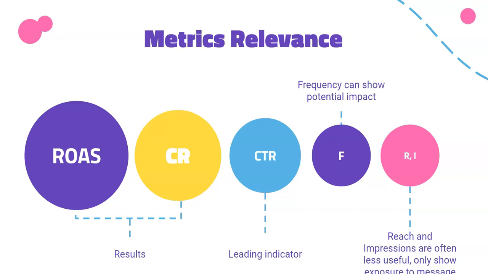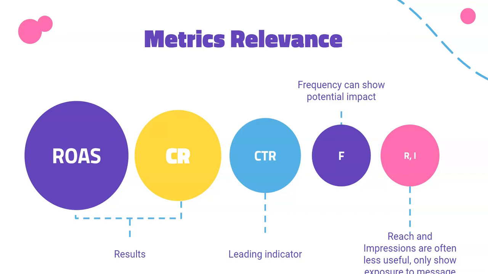Your click-through rate is a leading indicator that you're going to start getting conversions, hopefully, if your landing page is effective and you're targeting the right audience who is at a stage where they're ready to buy. It's a good indicator that you're at least getting some kind of response to your ad, but it's not really a result in and of itself. So it's less important than return on ad spend or conversion rate.